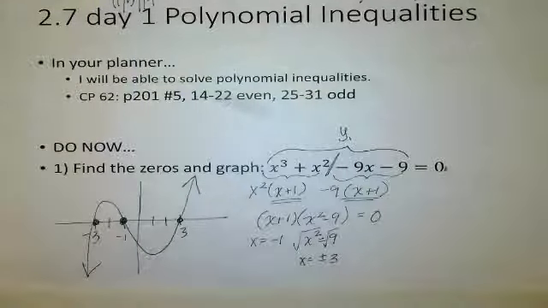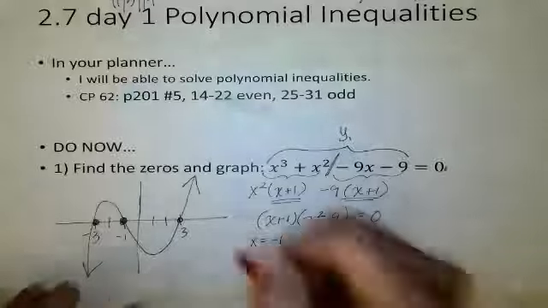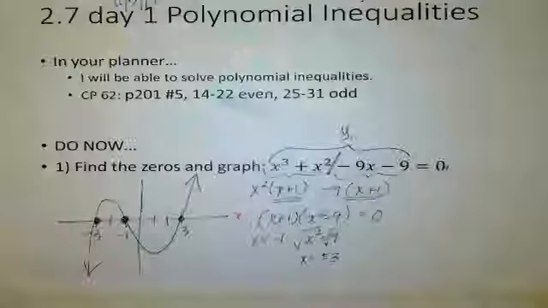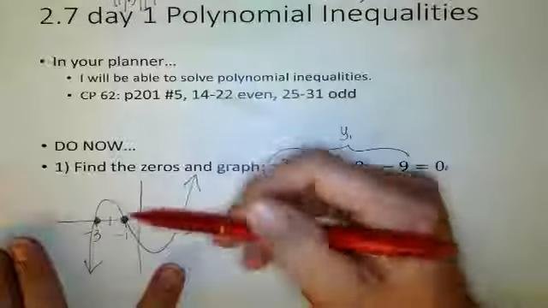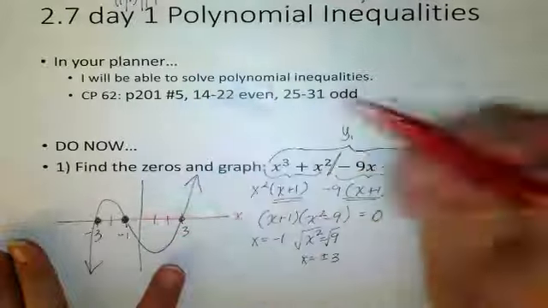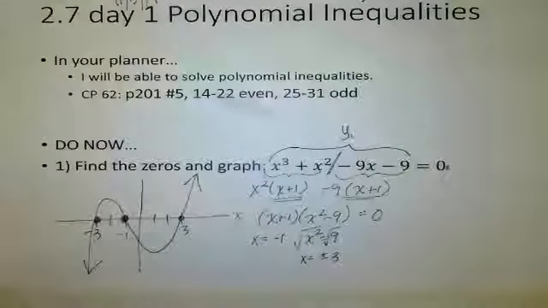But today we're asking the question, what interval on the x-axis, where is our function positive and where is the function negative? So our function refers to the y values. So where do we get positive y values and where do we get negative y values?